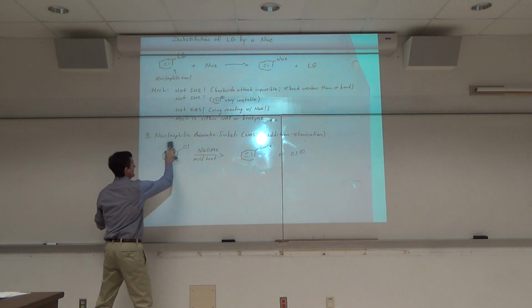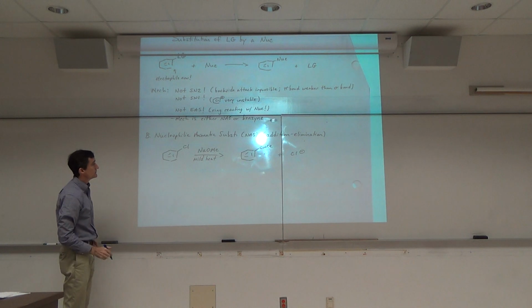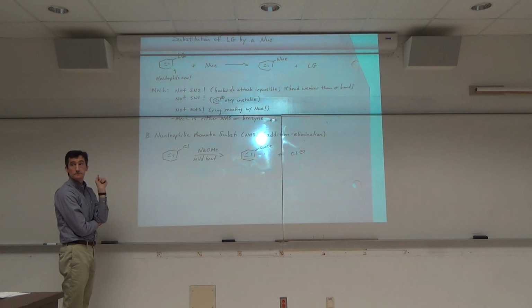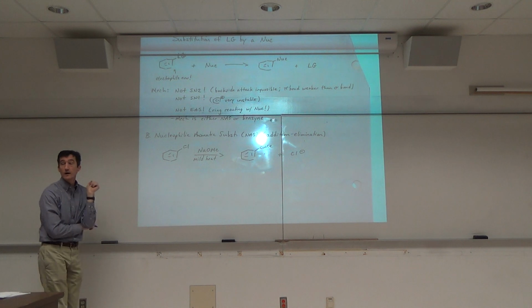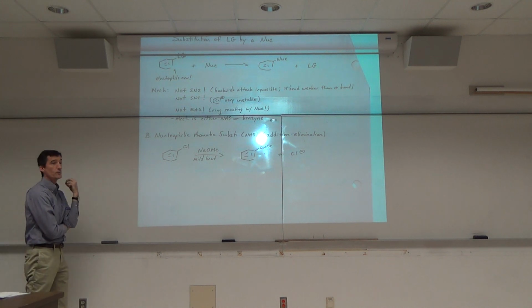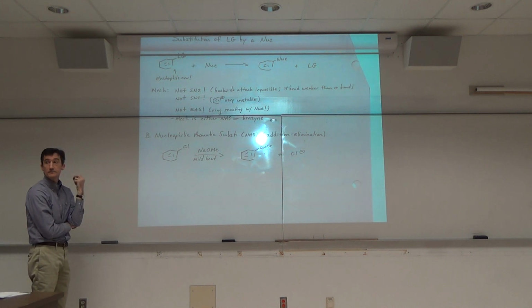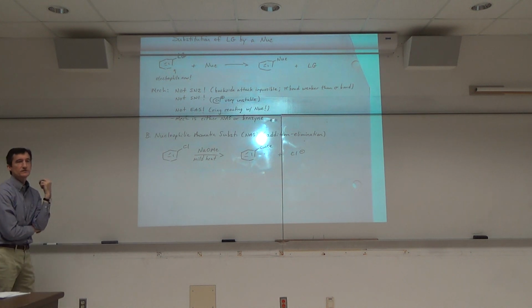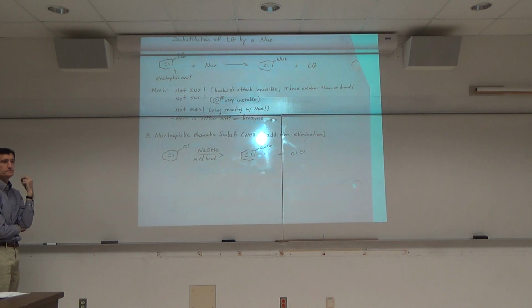Somebody give me a suggestion. You want the chlorine to just leave? I said that's good. What else can we do? A radical? Good, but it's not a radical, it is ionic.